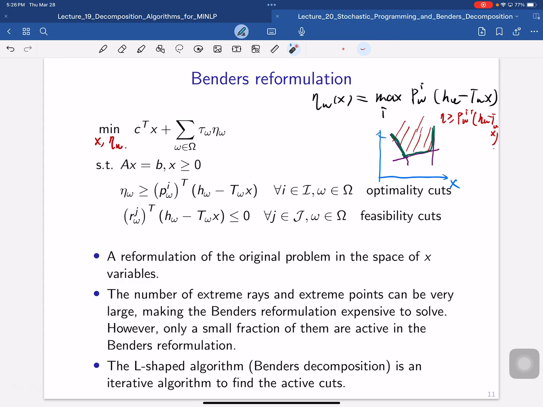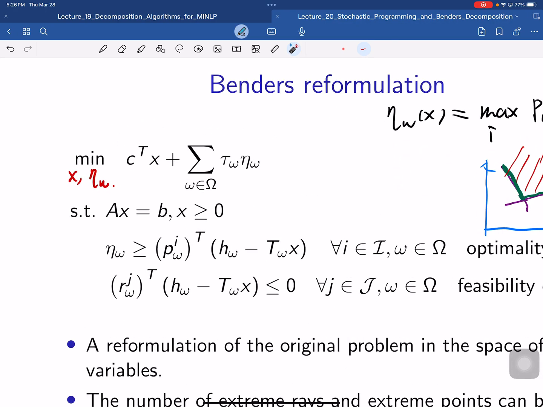Let's go back to this again. Recall that in the Benders reformulation, we have a very large number of extreme points and extreme rays. You are essentially having all the extreme points and extreme rays here. But now you want to find out what are the useful optimality cuts and feasibility cuts. The way you find them is you only keep a small subset of those, and then you add them when they are violated.